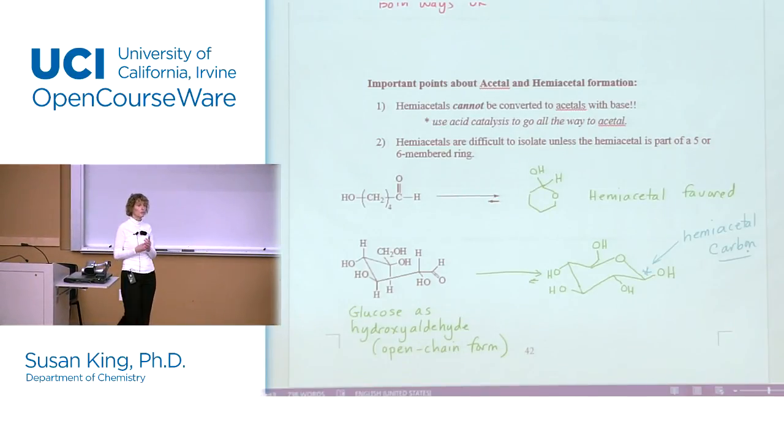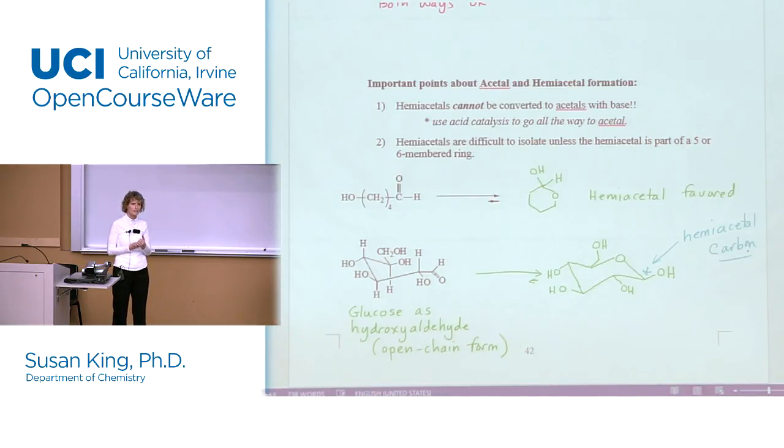Other textbooks that we've used in the past use ketal if it's from a ketone and acetal if it's from an aldehyde. So there's a distinction there. I learned it hemiketal, hemiacetal, ketal, acetal. But the books that we've had over the years don't do the ketal anymore. If you see that, that's what they're talking about.